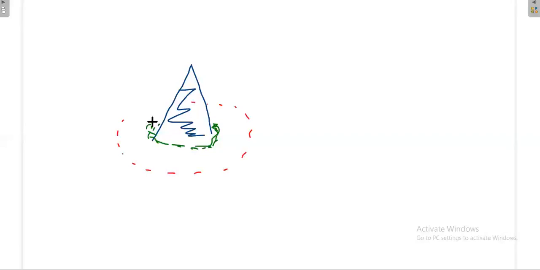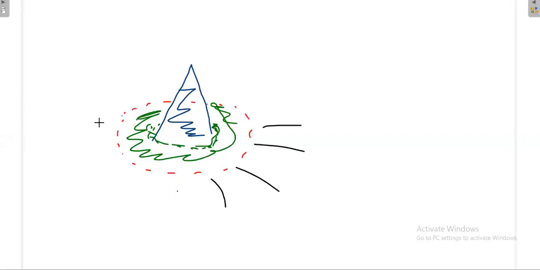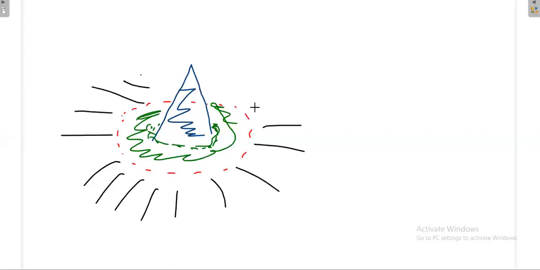Whenever you are inside, that is called the near field. When you are outside, that is called the far field. And again, the limit is set by this r, where r is equal to 2d square by lambda.